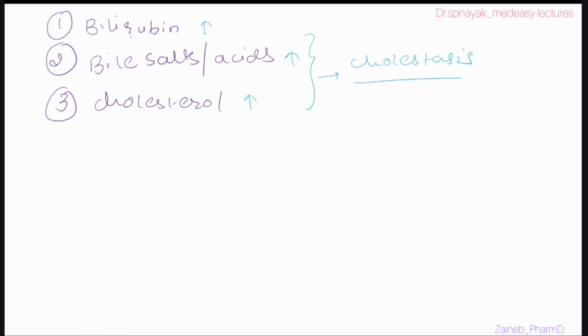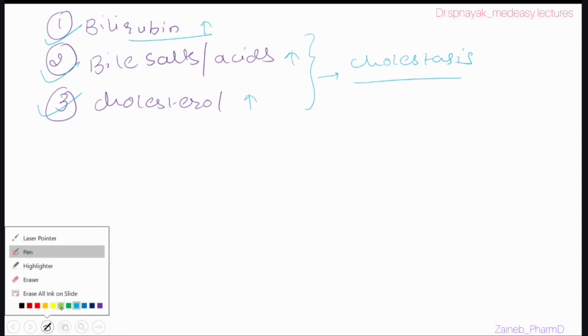If bilirubin alone is elevated, it is known as hyperbilirubinemia. And if these three components are elevated together, then it is known as cholestasis. Now we'll learn about the normal physiology of bilirubin, how the bilirubin is produced in our body. We'll see that first.